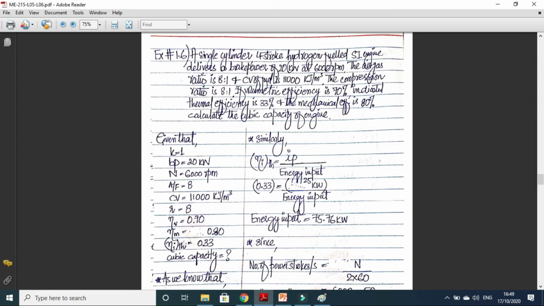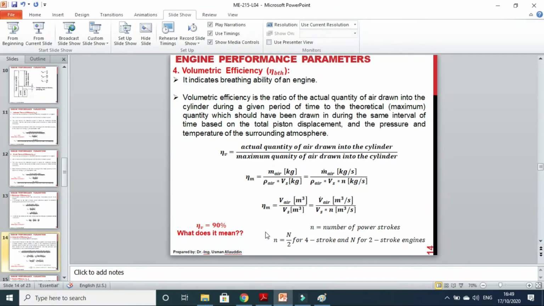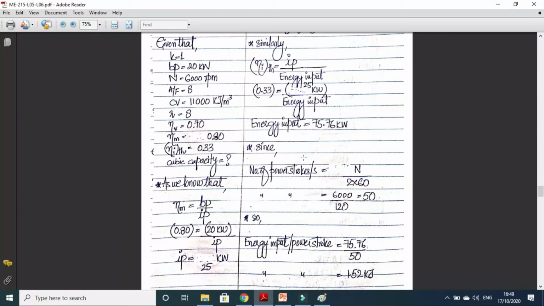If you remember the formulas, I can show you here. The volumetric efficiency formula has the swept volume, so we can use this.